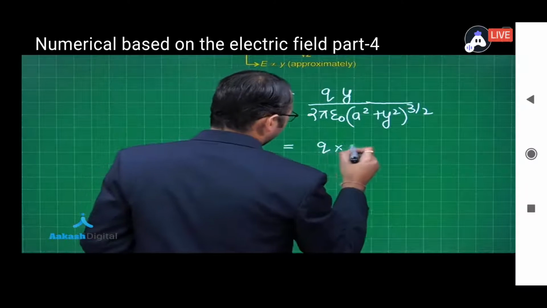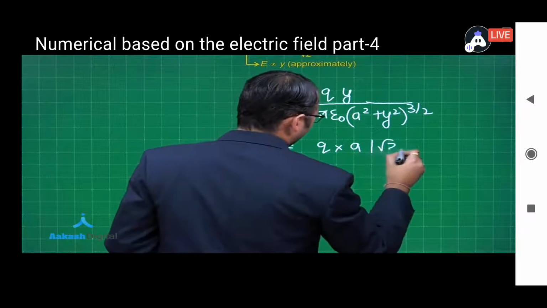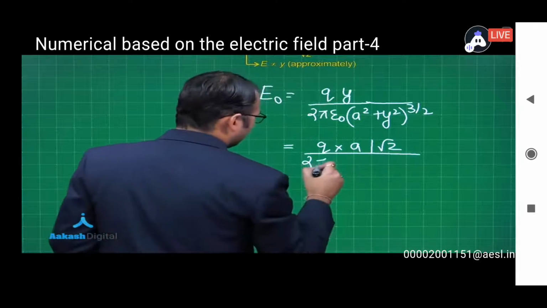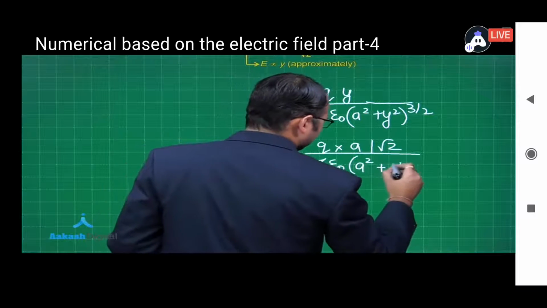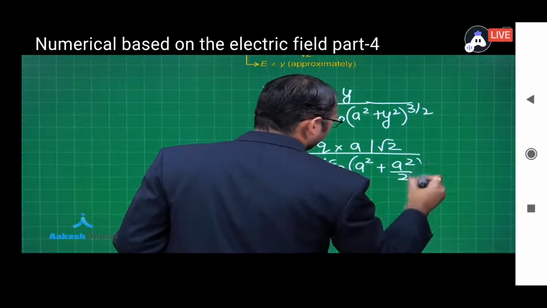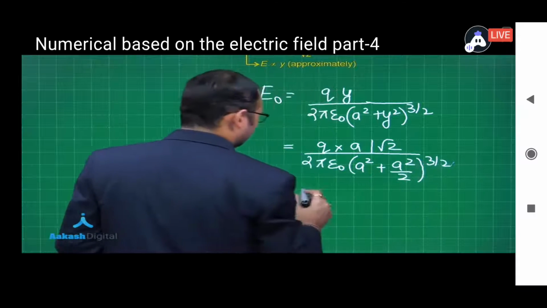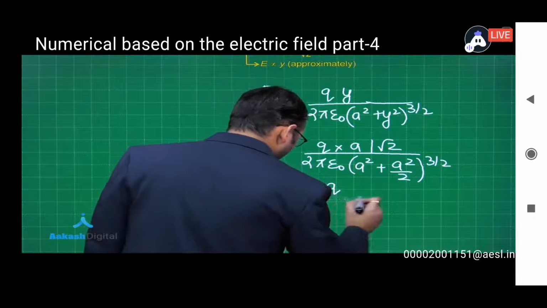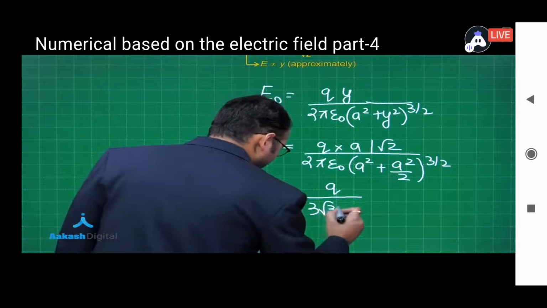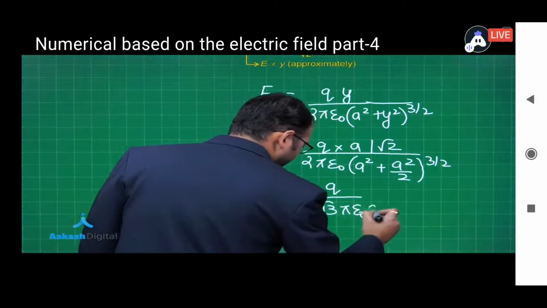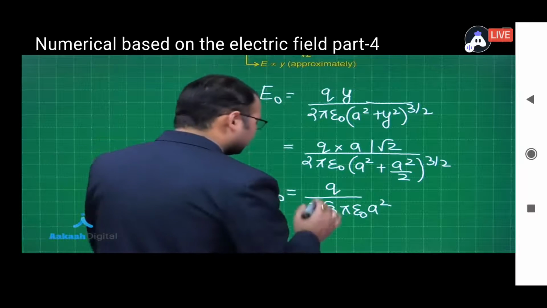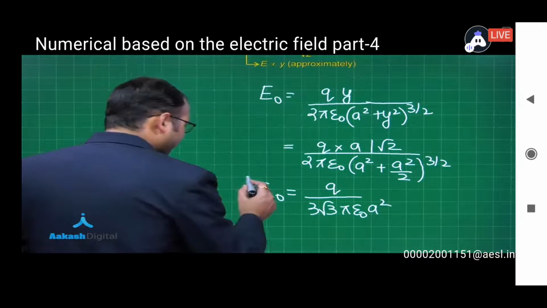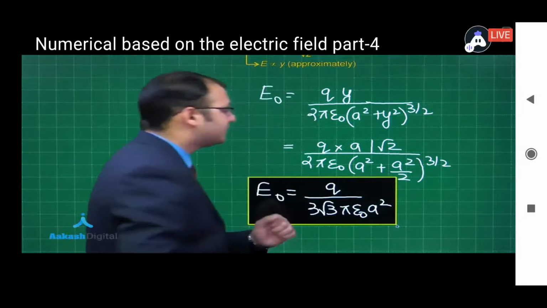You will get Q times a by root 2 divided by 2 pi epsilon naught (a squared plus a squared by 2) power 3 by 2. On solving, this is Q upon 3 root 3 pi epsilon naught a squared. This is the value of E naught, right? This is the maximum electric field we could find at that given point.